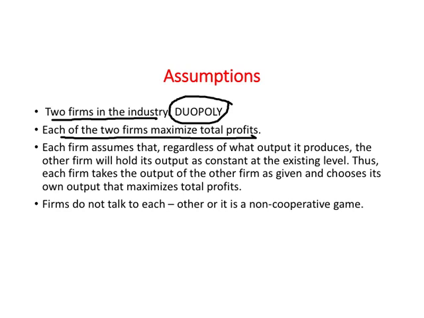Whenever we look at interdependence in decision making, how you behave with your rival in a way depends on how you expect your rival to behave. And in this case, what Cournot assumed is the following: that each firm, regardless of what output it produces, the other firm will hold its output constant at the existing level.